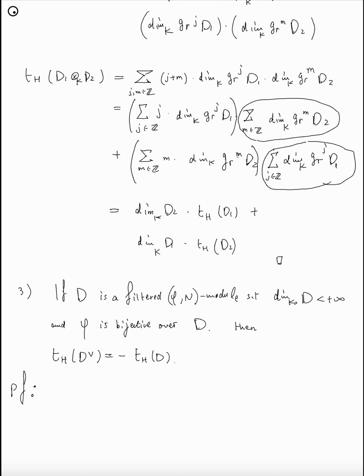Here I didn't see where we used the fact that it has a monodromy operator structure. So just by general theory about dual vector spaces, we have the exterior power of the dual equals the dual of the exterior power.